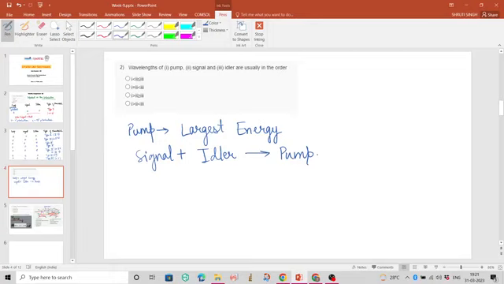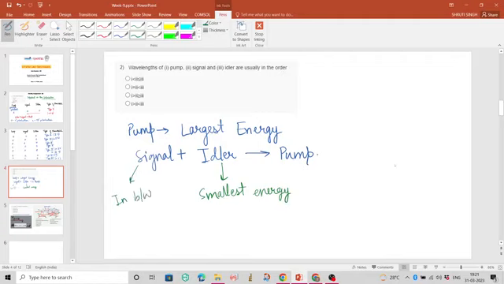Conventionally it is taken that the idler has the smallest energy, and the signal is in between the pump and the idler, right?